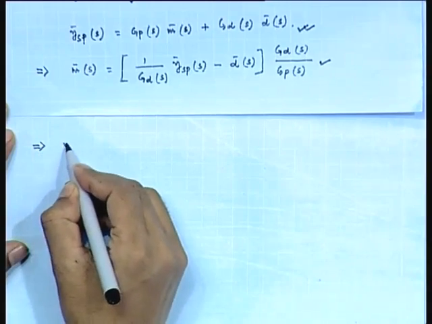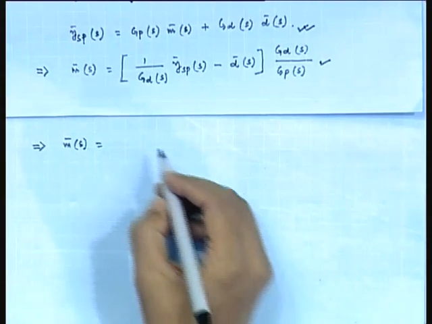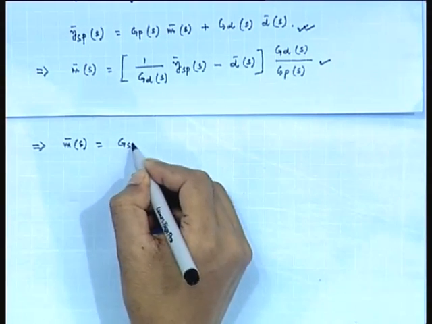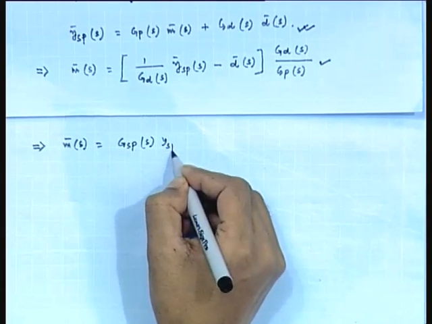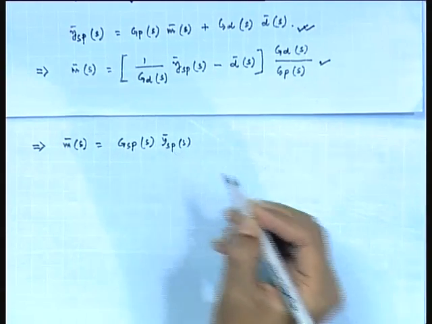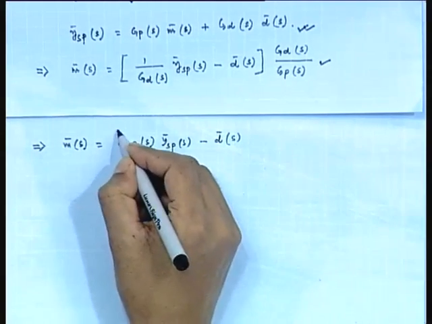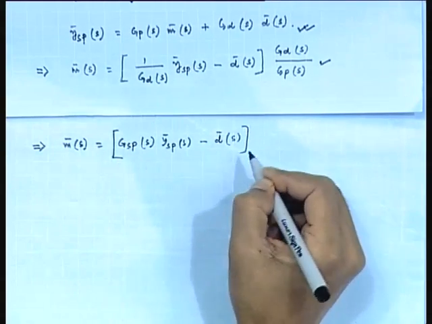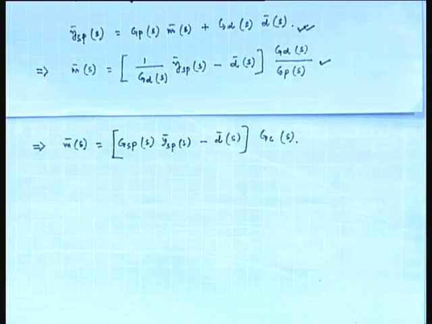Now, we can write this expression as m bar s equal to GSP s y set point bar s minus d bar s multiplied by GC s.